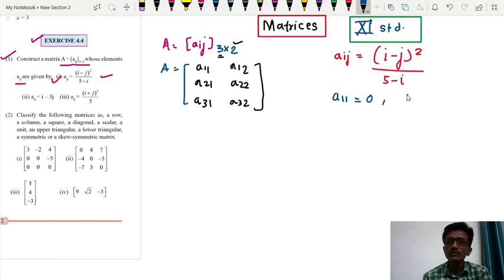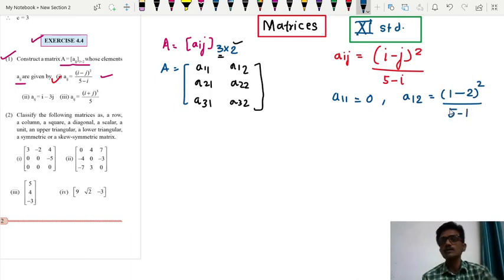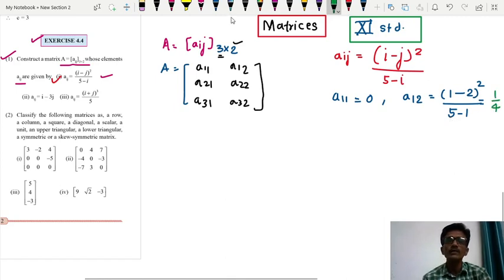Then A12, i is equal to 1 and j is equal to 2, the square upon 5 minus 1. So this gives 1 by 4.